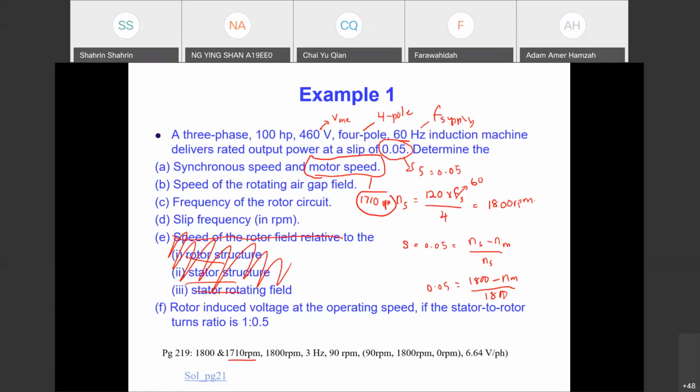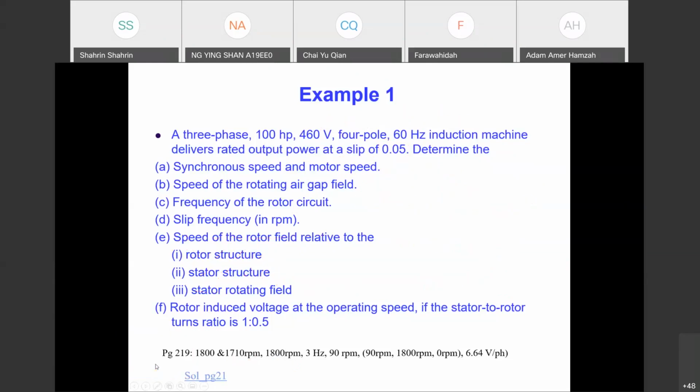So the same flux is actually rotating at the air gap. Okay, so meaning that the speed of the rotating flux equals your synchronous speed, which is still 1,800 RPM. So this one is equal to ns, which is 1,800 RPM.